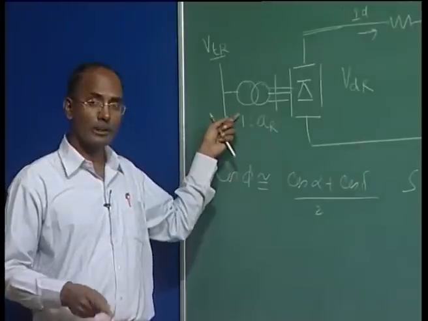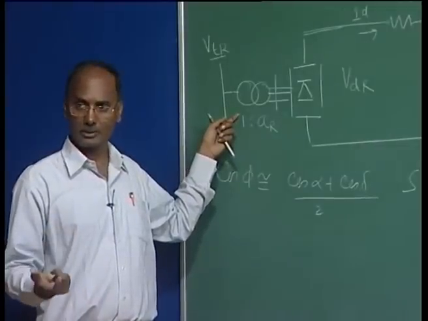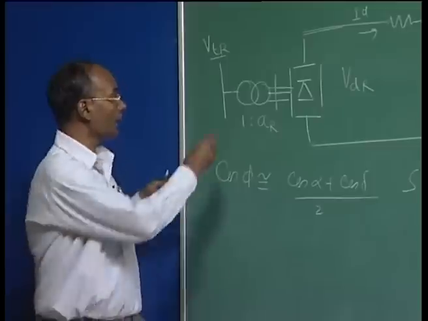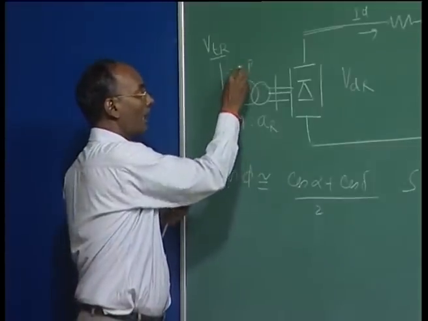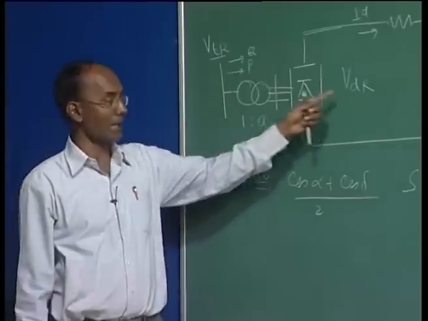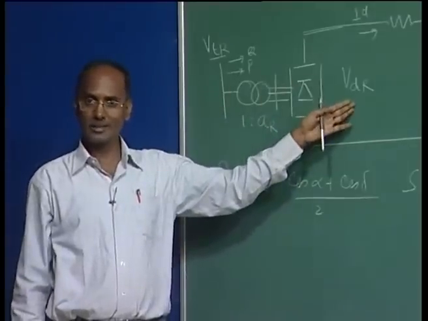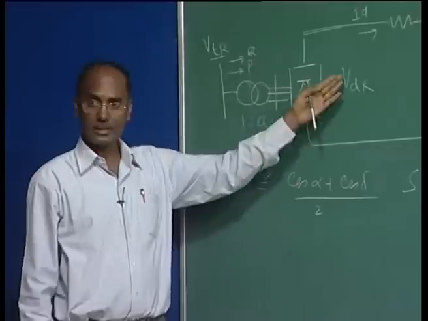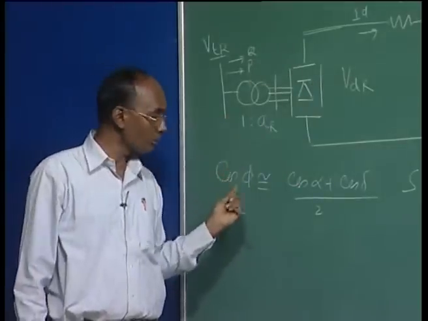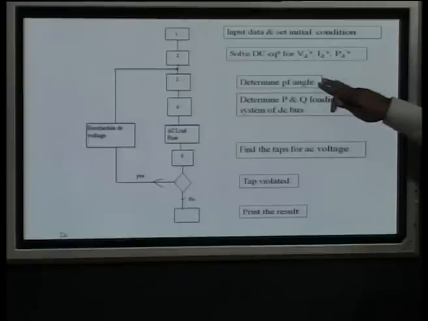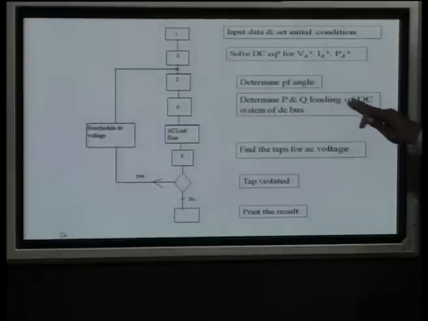Because at this bus we only have the real and reactive powers, since the load here is P and Q. P is basically the same, we normally assume lossless. So P is the same, we require Q, and for Q we require the power factor. Then you determine the P and Q loading of the DC system bus.